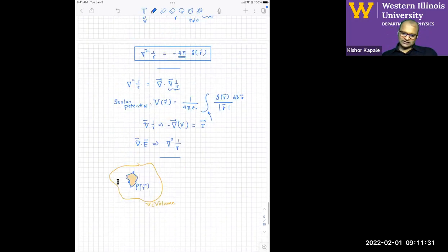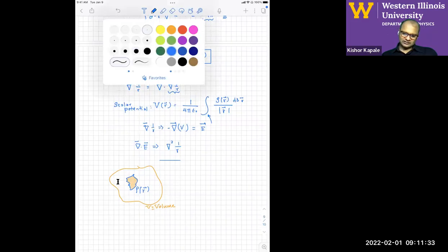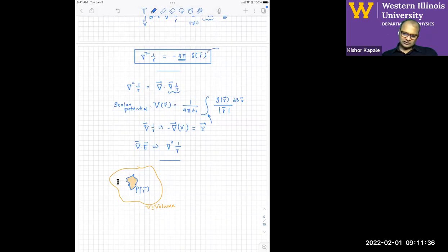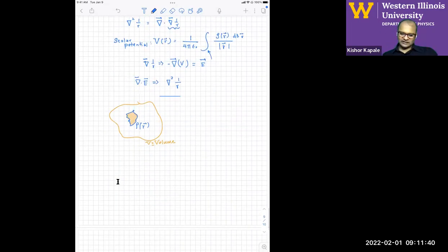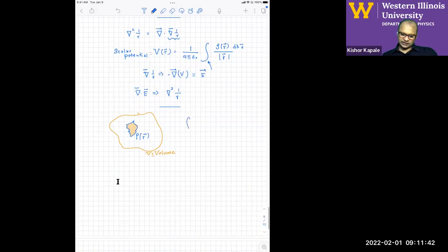Because of how the delta function behaves, the 4 pi will always cancel, and the volume integral of the divergence of E is always going to give you the sum over all of the enclosed charges within that volume, no matter what the shape is. It doesn't have to be completely symmetric.